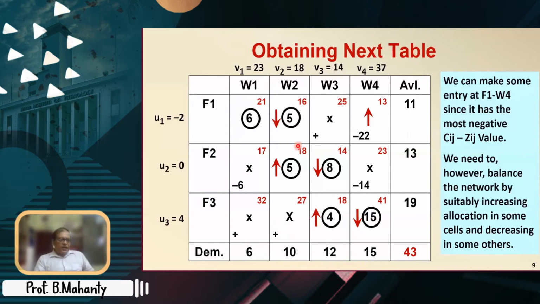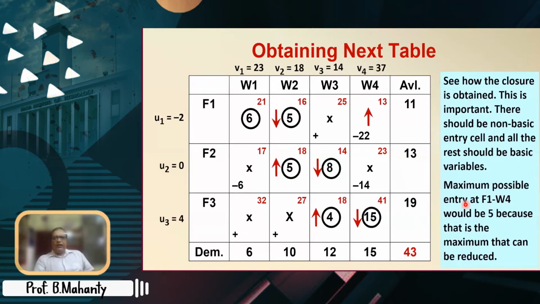So you have to check which are going down, and out of that, which one is the minimum, that is the bottleneck. That means this 5 will go down and this 5 will go up here. This 5 will become 10, this 8 will become 3, this 4 will become 9, and this 15 will become 10.